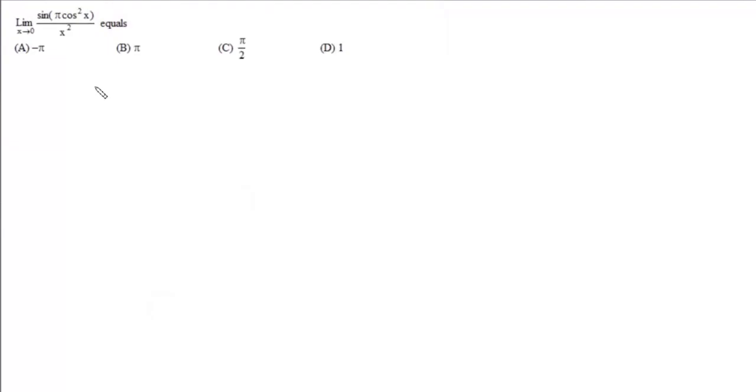Now here the question is, we need to solve this limit, which is limit x tends to 0 sine(pi into cos square x) upon x square. Now sine pi is 0, so this is 0 upon 0 form.